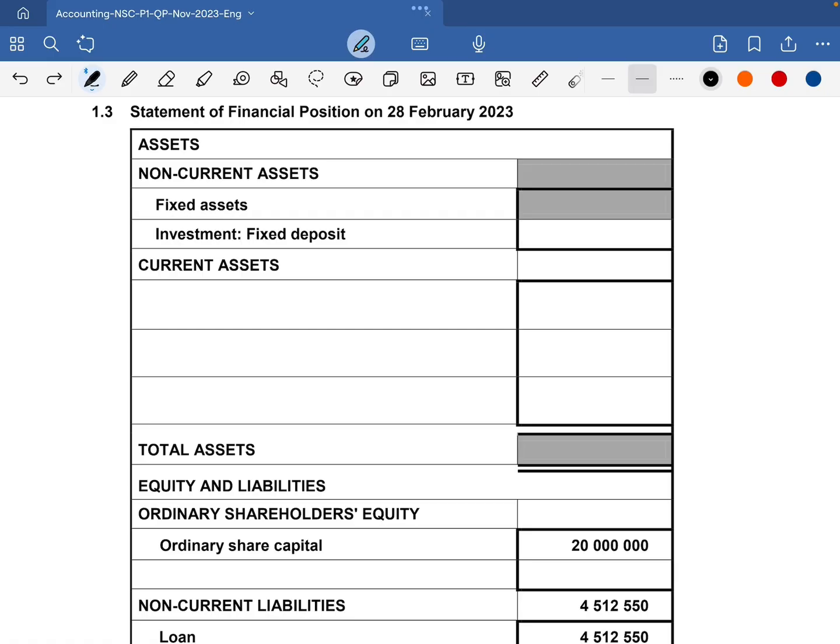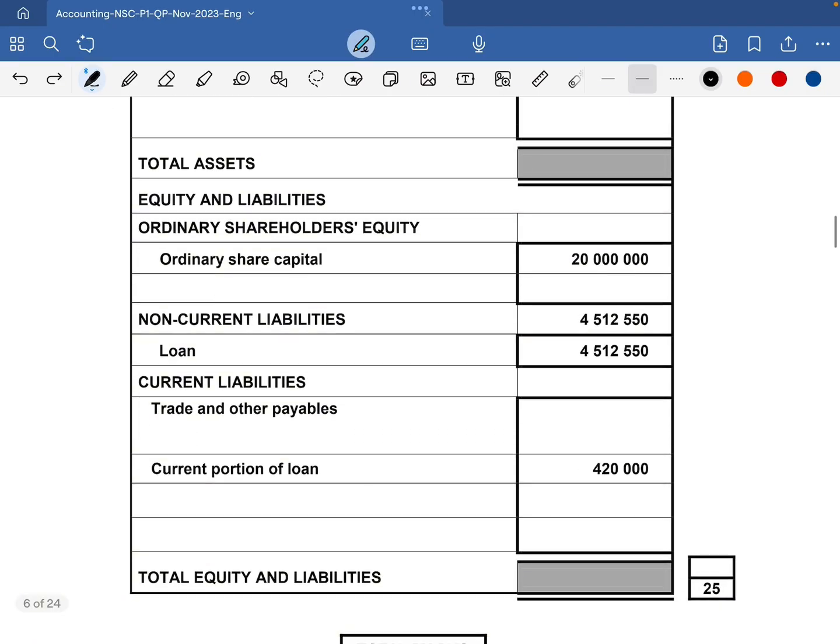Then we look at current assets, then equity and liabilities, ordinary share equity, and then the rest is non-current liabilities, current liabilities. Okay, and then we have a few things being filled out for us there, the likes of the current portion of loan, and then we just have two things to fill in.